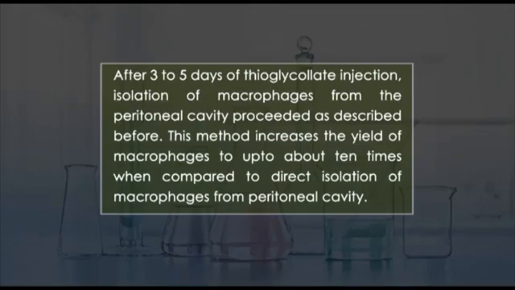This method increases the yield of macrophages up to about 10 times when compared to direct isolation of macrophages from peritoneal cavity. In this method, about 90% of the cells isolated from peritoneal cavity are macrophages. The main concern about this method is that the macrophages have some differences in their physiological properties.